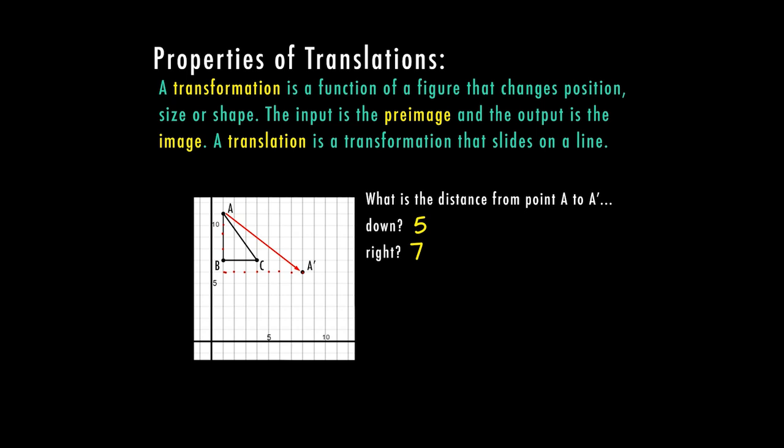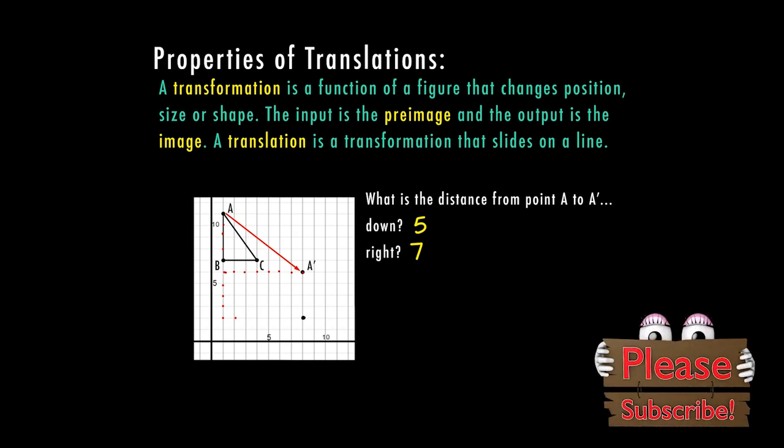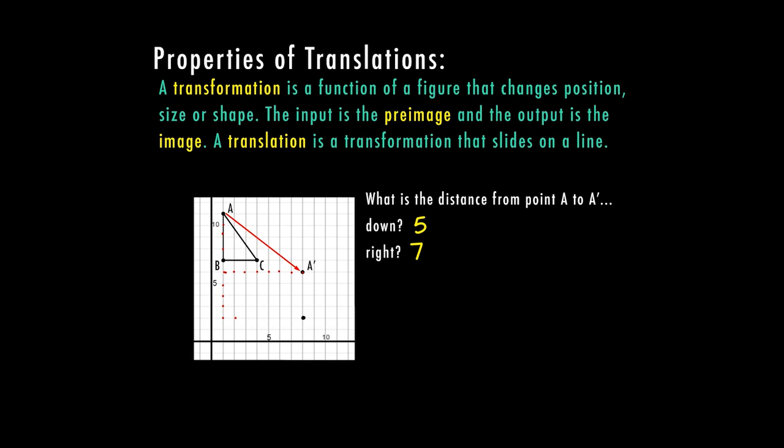So for the B, I'm going to go down 1, 2, 3, 4, 5, and across 1, 2, 3, 4, 5, 6, 7. And it should end up directly below the A. If you notice, the original A and B have the same X value. They're still going to have the same X value, and it looks like they do. So now I have a couple of things I could do with C. I could go back and I could count down 5 and then across 7.